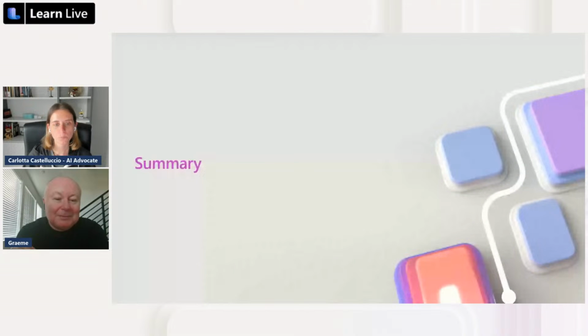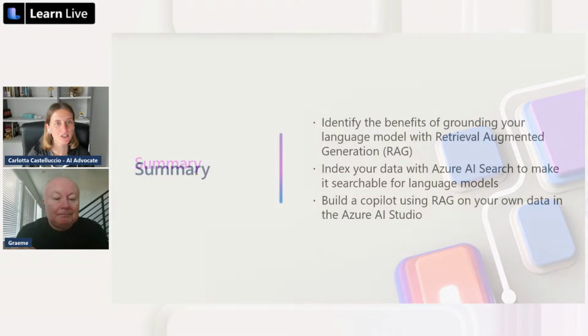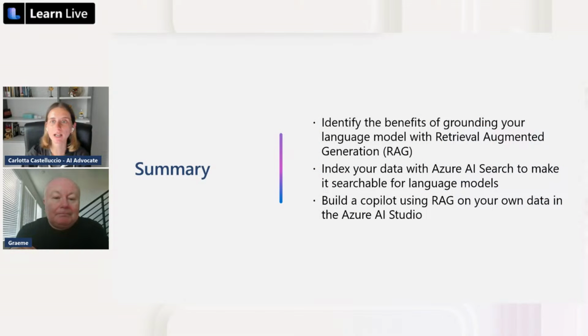Awesome. So I would say that we are at the end of our session today. So let's just recap what we have seen so far. We have talked about groundedness, so the benefits of grounding a language model with the Retrieval Augmented Generation pattern.